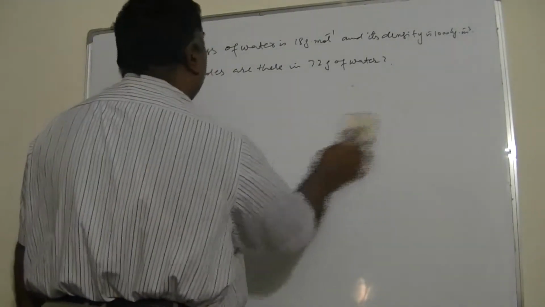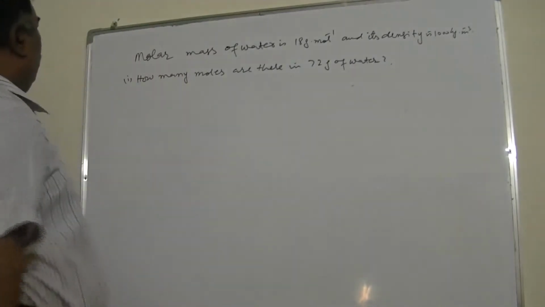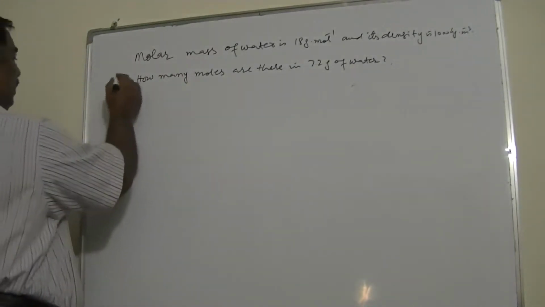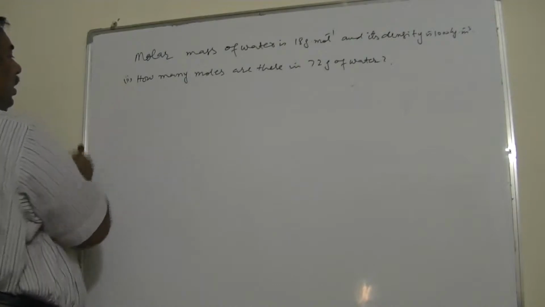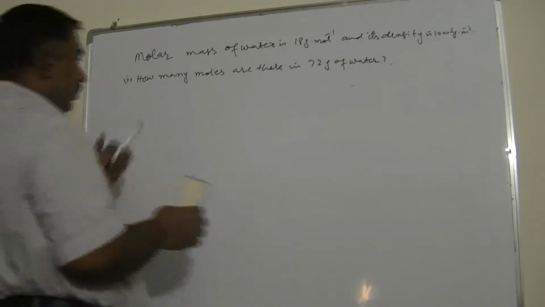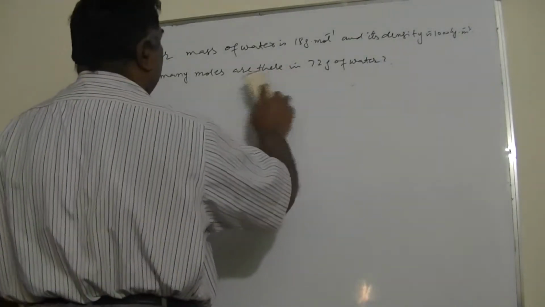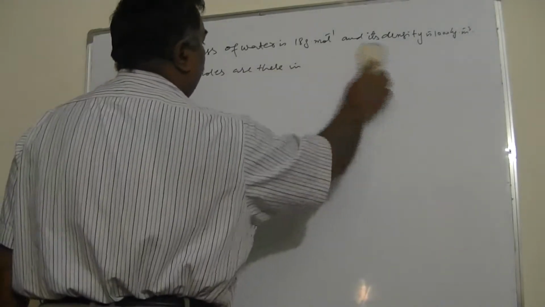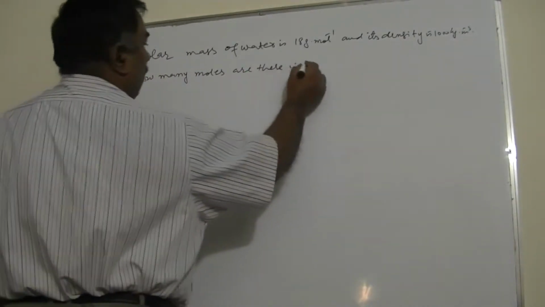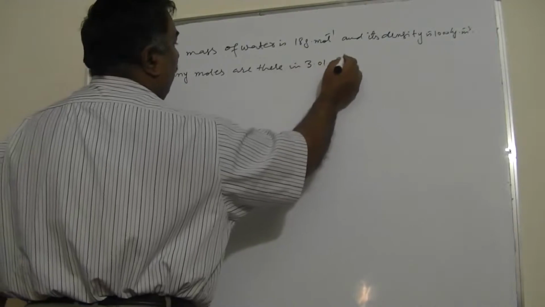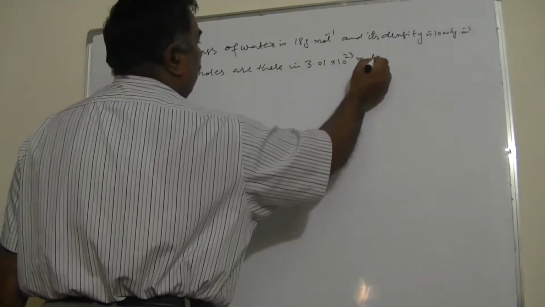Suppose if the molecules are given, then how can we do it? For example, instead of 72 grams of water, he says how many moles are there in 3.01 into 10 power 23 molecules of water.